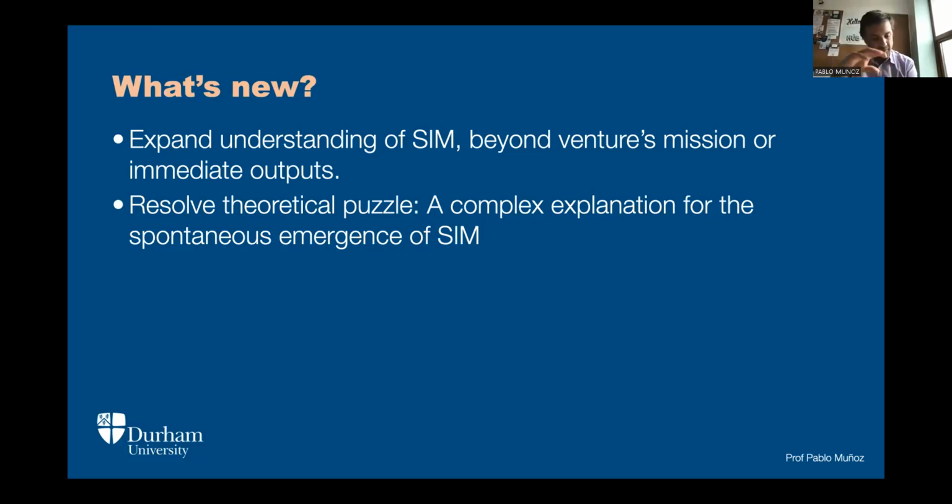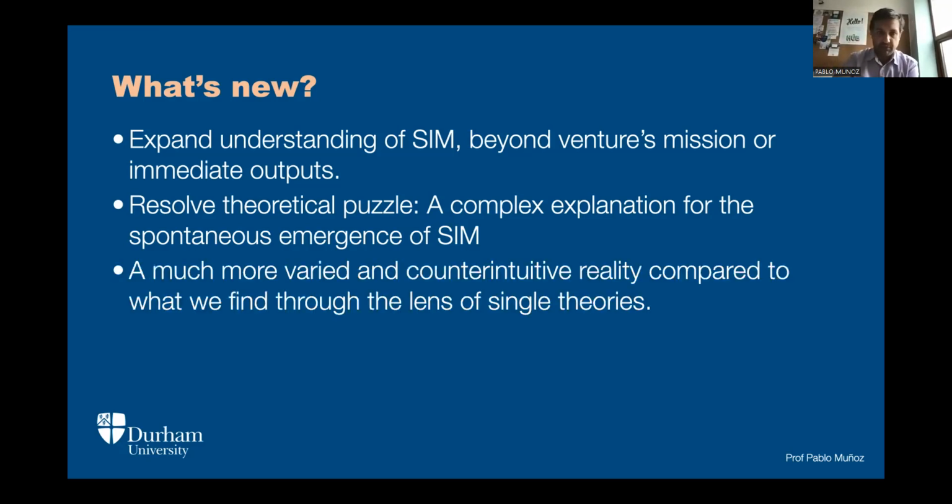But we build a theoretical puzzle by modeling from the literature. But we were able to provide clarity in a situation that is fairly complex. So we took that into account and offered a complexity-based explanation, right? Because there's a typology involved in the development of our explanation that explains the spontaneous emergence of social impact measurement.